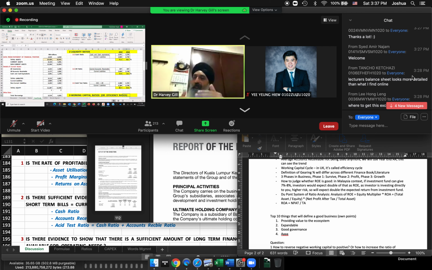So you don't really need to have a 100% dollar to dollar match. Yeah. Okay. The important thing here is actually cash. At the end of the day, if your cash is good, your liquidity is good. Simple. Yeah. What the accounts receivable are, how you're going to collect, that's a different story for another day. But bottom line, if you have got good cash reserves, you're sitting on good cash buffers, this company is sitting on 2 billion of cash, no problem.